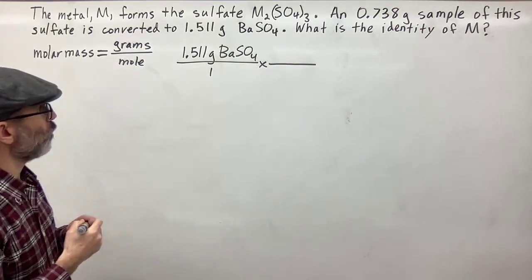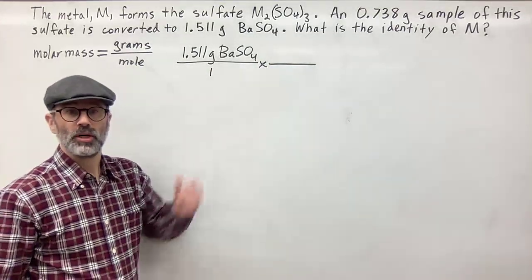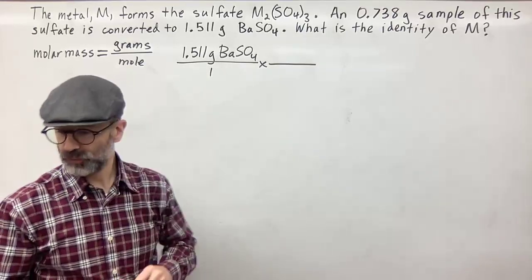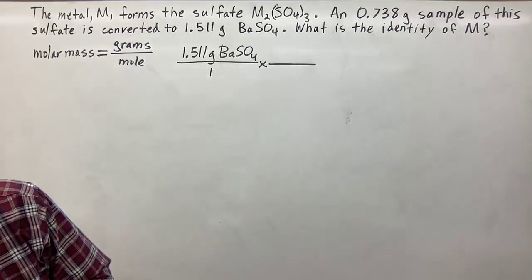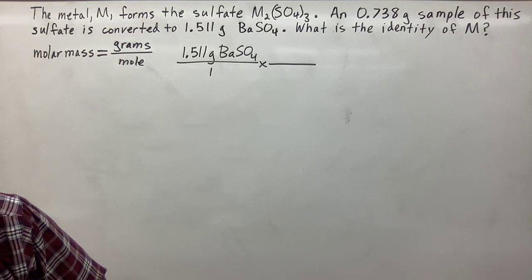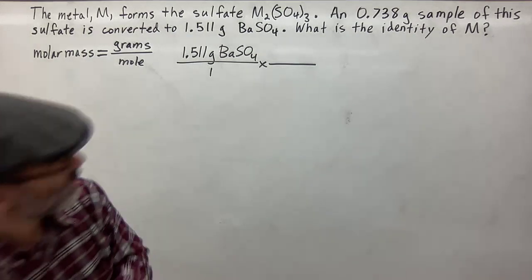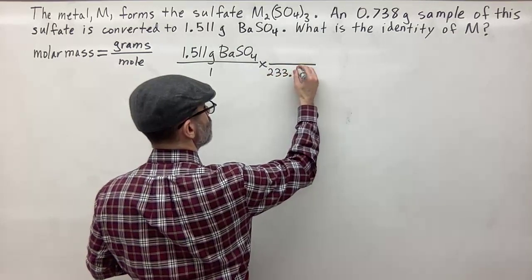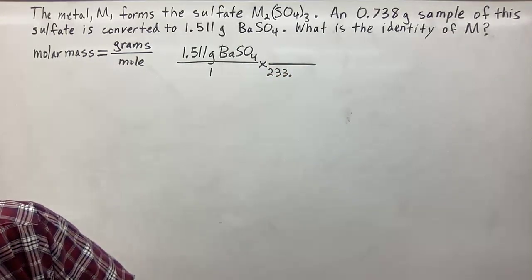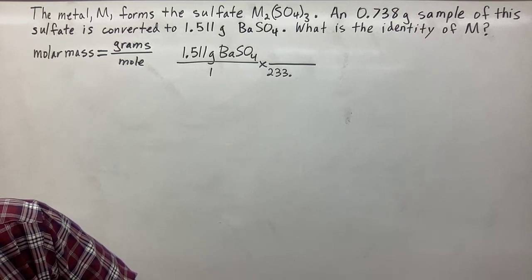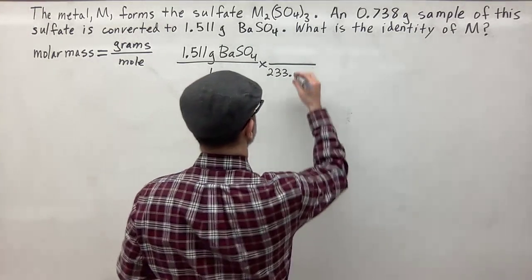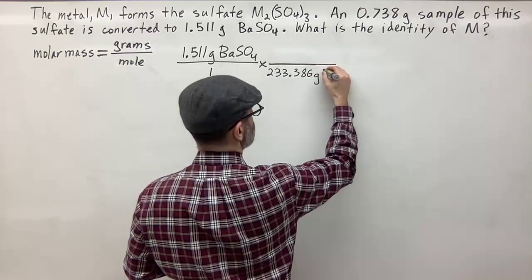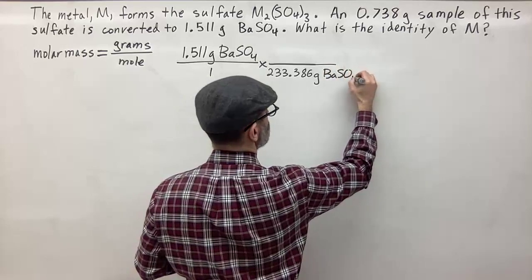And then we're going to convert that to moles. So we have to look up and calculate the molar mass of barium sulfate. And when you do that, you get 233.386 grams, and that's of the barium sulfate.